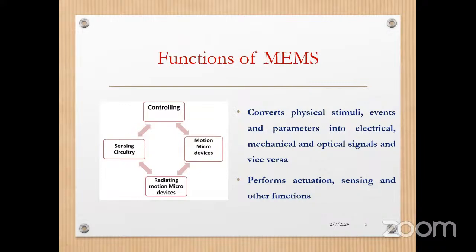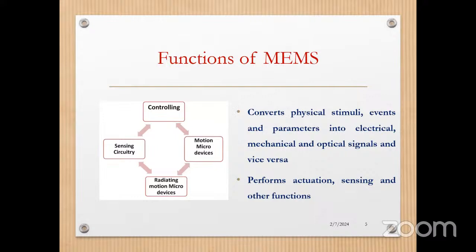So what is the function of a MEMS? You can see in this diagram that MEMS functionality consists of controlling motion, then radiating motion of micro devices, then sensing. So by default, we call these sensors. Simply, you can say all these functionalities are available in a sensor.